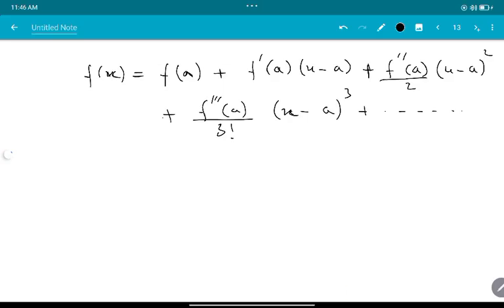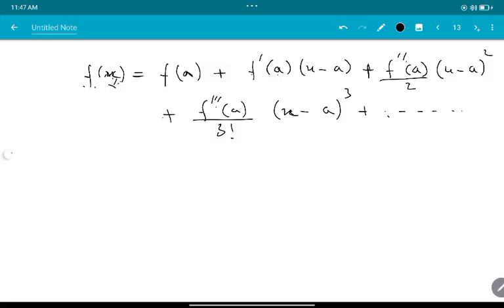What is most important is that this Taylor series needs the function f(x) to be infinitely differentiable. That means we should be able to differentiate it once, then take the second order derivative, then the third order derivative, then the fourth order derivative. We say that it must be infinitely differentiable, of course at a point, say point a.